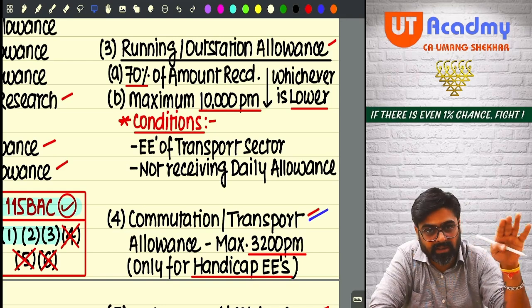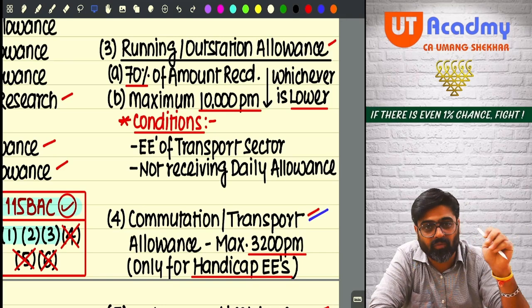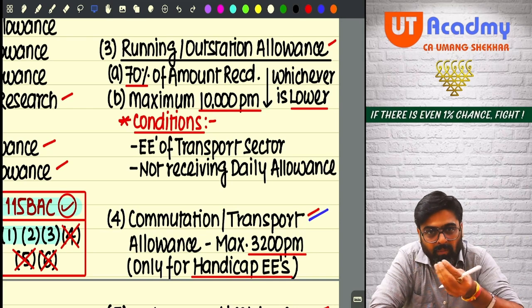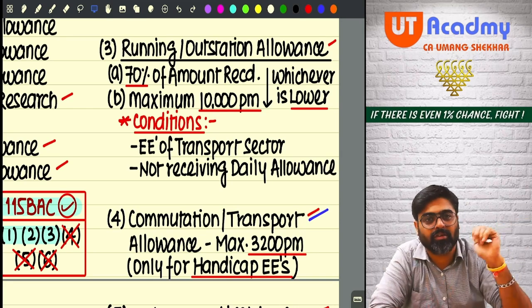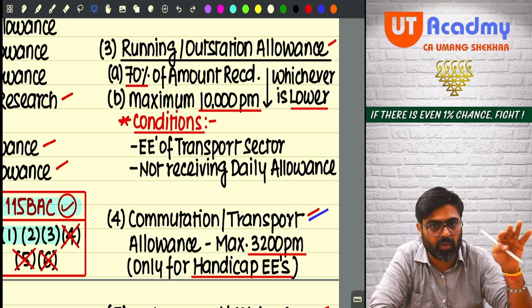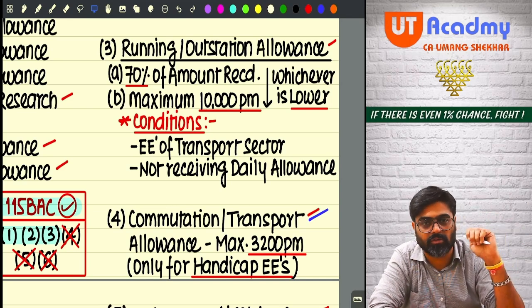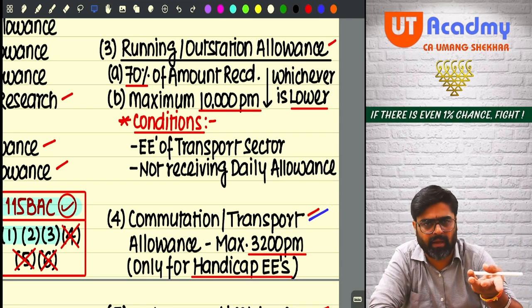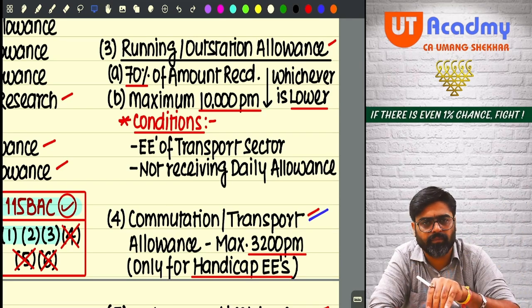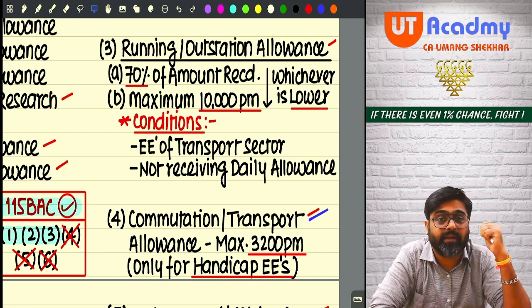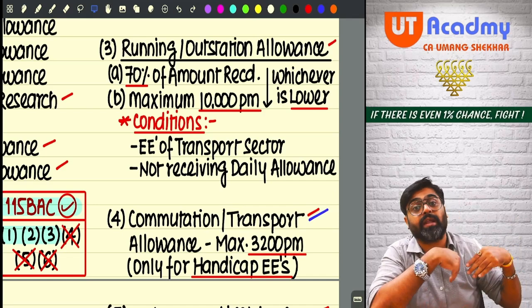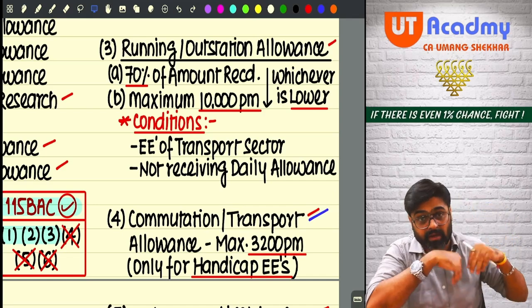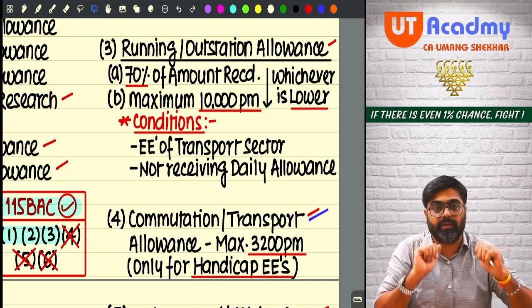Like you will stay somewhere, eat somewhere, there is some small minor breakdown of the vehicle which you get repaired, some toll taxes will come, you will pay at the toll booths also. There are many expenses which might be incurred on a daily basis while you are running the vehicle. To meet all such expenses, when you are running my vehicle, this allowance is given.